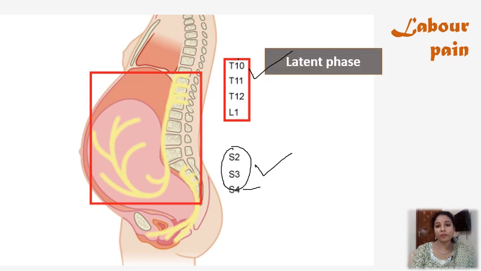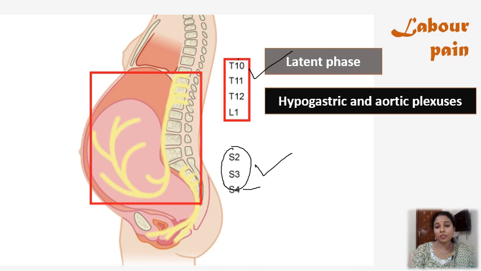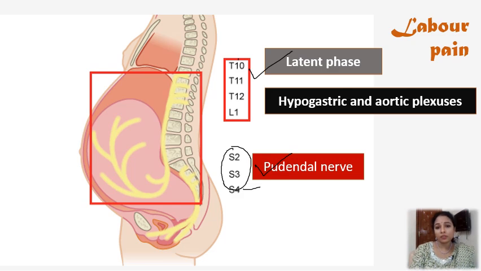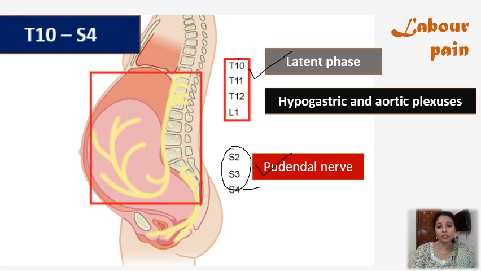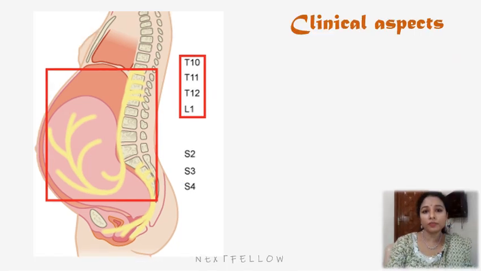That is the latent phase, where the hypogastric and aortic plexus convey the impulses. During the second phase, the pudendal nerve, so all segments of dermatomes from T10 to S4 are involved. So this is the thing which has to be noted.